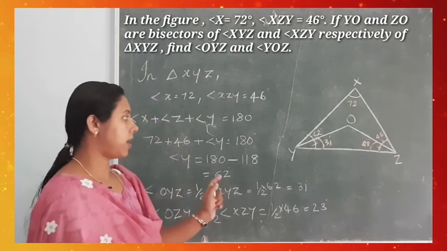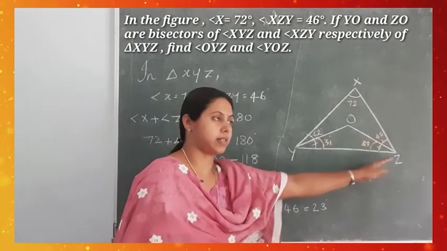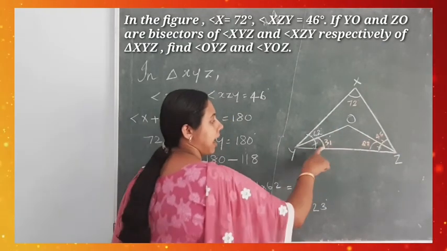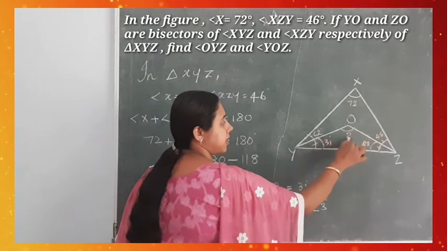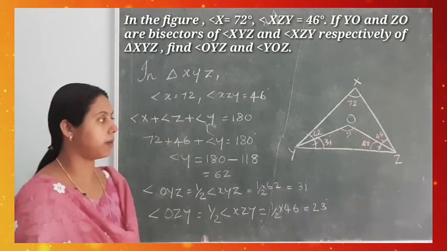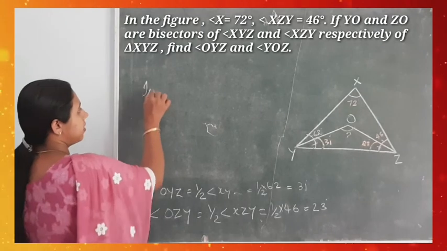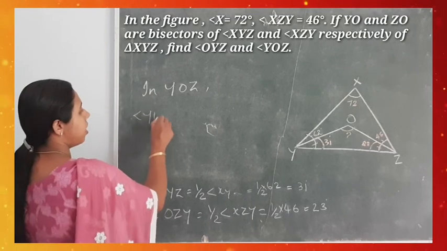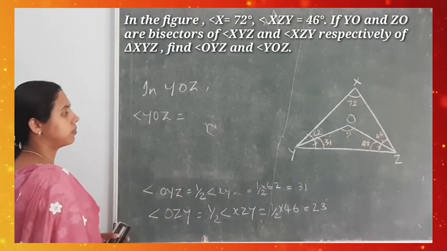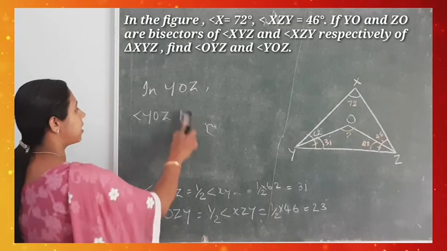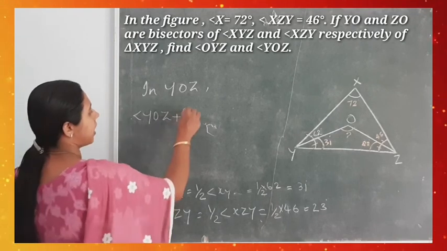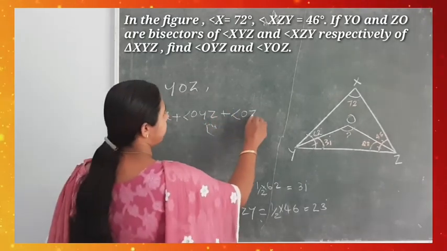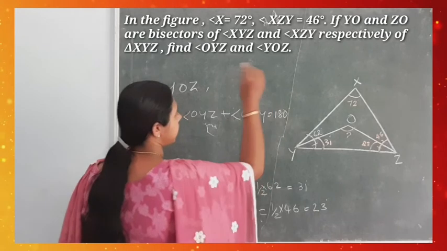The next question, we want to find YOZ. If you consider this triangle YOZ, two of the angles are known, then you are able to find the third angle using the angle sum property. So in triangle YOZ, angle YOZ plus angle OYZ plus angle OZY is equal to 180 degrees.